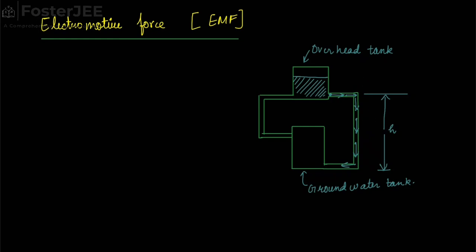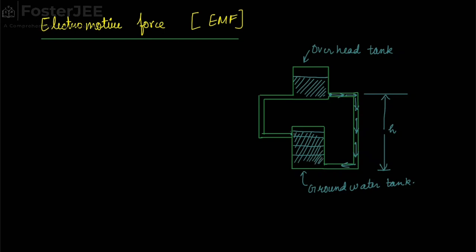Yes. But once this water gets accumulated in this, first up to this level, then up to this, and once it reaches this level, that is little above the pipe, the water is completely in this lower tank.